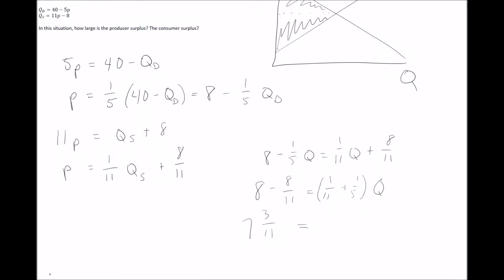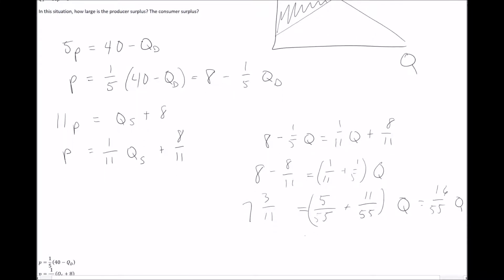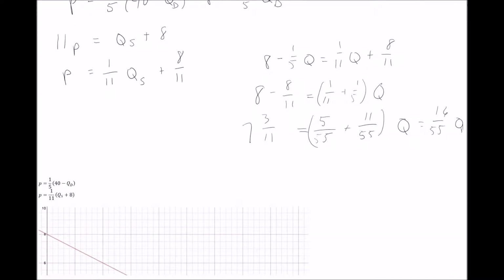I'll use 55. So I get 5/55 plus 11/55 times the quantity, which is 16/55 times the quantity.